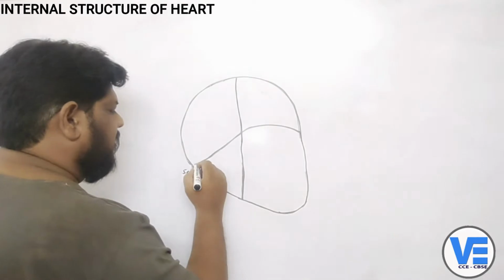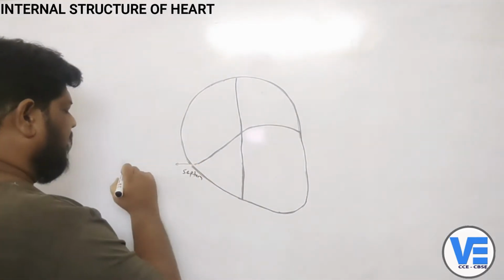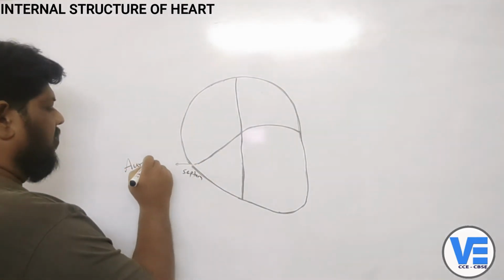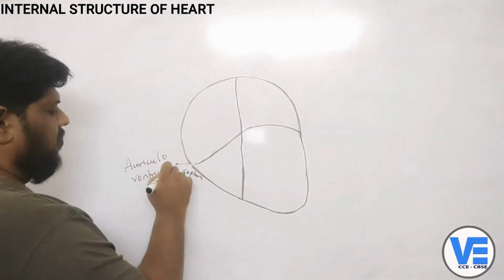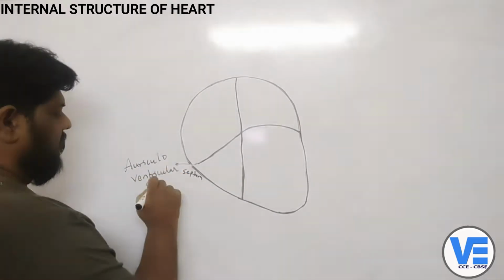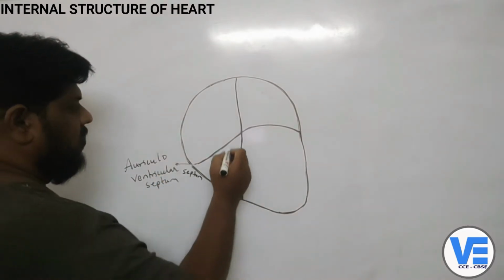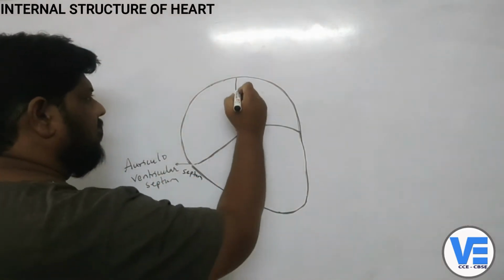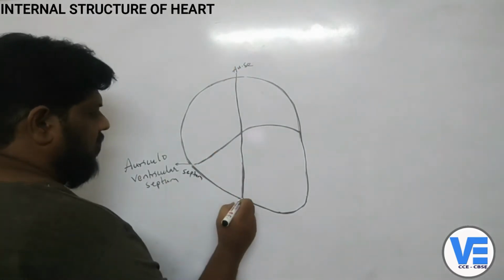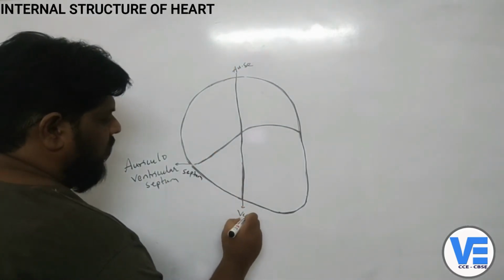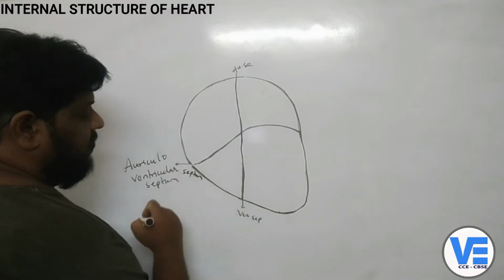So this one we are calling the auriculoventricular septum. This one we are calling the auricular septum. This one we are calling the ventricular septum.